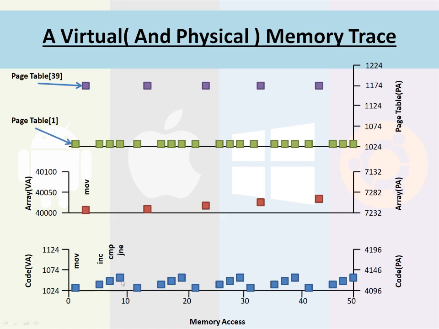So you can see here's the first iteration of the loop in terms of instruction accesses. Here's the first iteration up until this point of the loop in terms of array accesses. And here is the first iteration of the loop in terms of page table accesses. So for one iteration of the loop, there are 10 memory accesses.